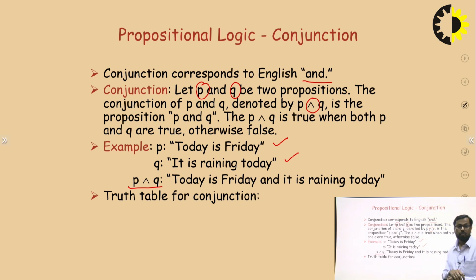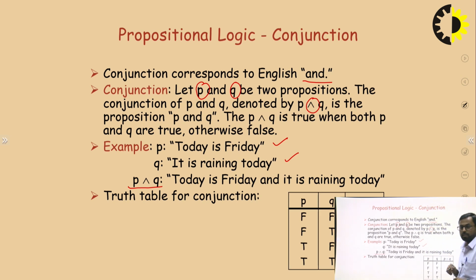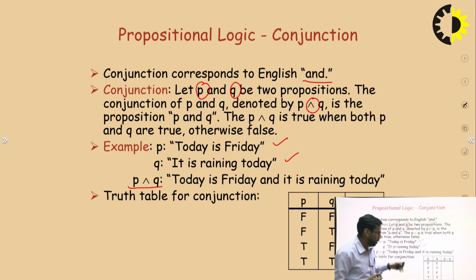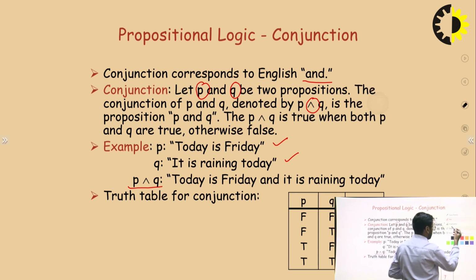For this, we can create the truth table for the conjunction, P, Q, P logical AND Q. If both cases are true, in that case the value of P logical AND Q will be true. Otherwise, in all the other cases, it will be false.